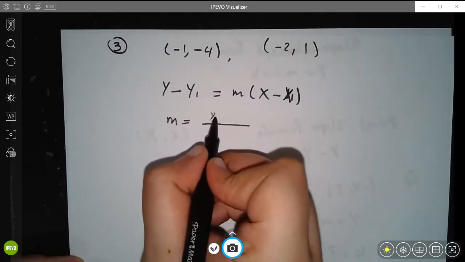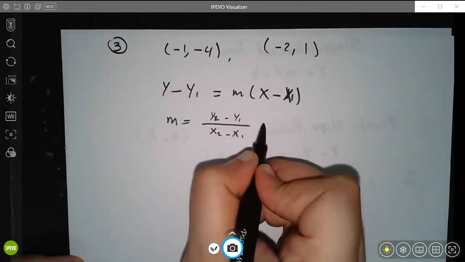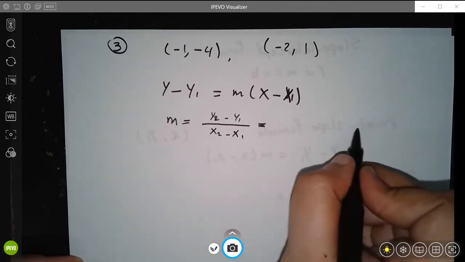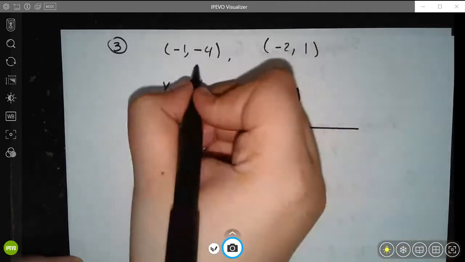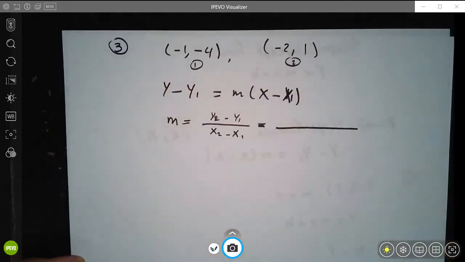Which is y2 minus y1 over x2 minus x1, and we said that the bottom cannot be 0. So if I let this point be number 1 and that would be number 2, tell me what my slope is. I'll give you a minute.